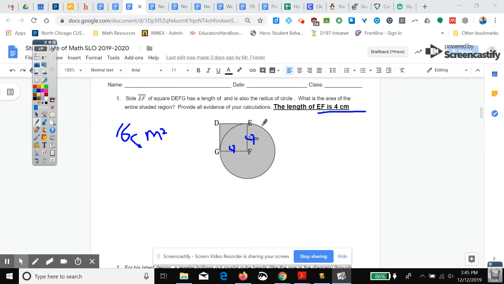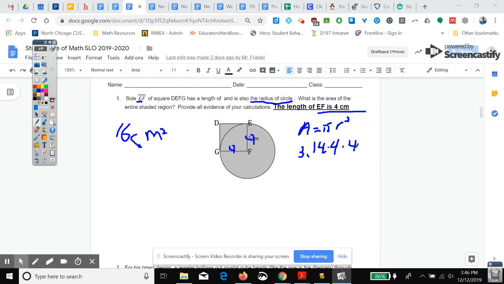And then what's the area of the circle? The area equals pi times radius squared. The radius of the circle is also EF, so that's 4. So it's going to be pi times radius times radius, 3.14 times 4 times 4.